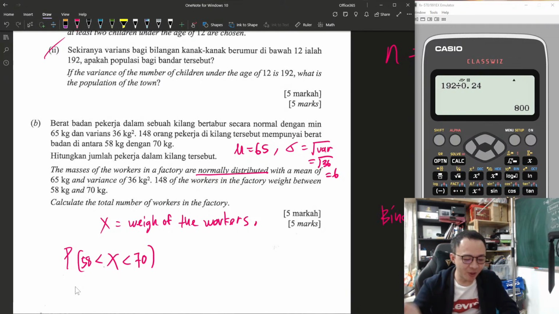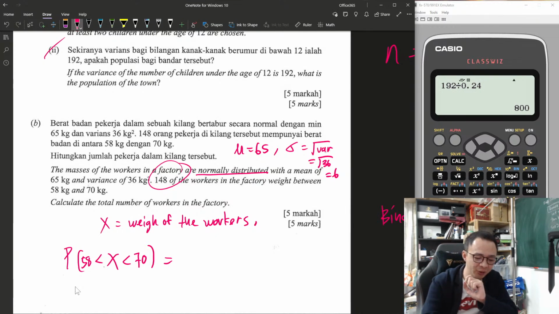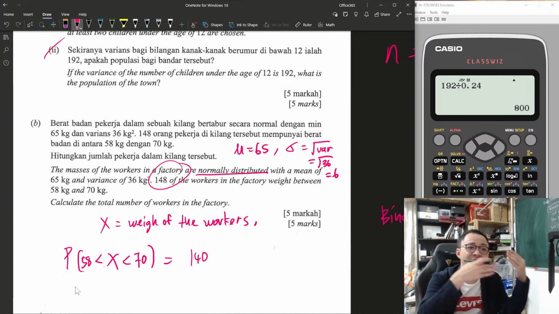Okay, so right now we want to find the probability, but we know we have 148 workers who have their weight between 58 and 70. So 148 is not a probability because it's more than one. But how do I convert 148 into the probability? I know this 148 definitely is the people who have the weight between 58 and 70.